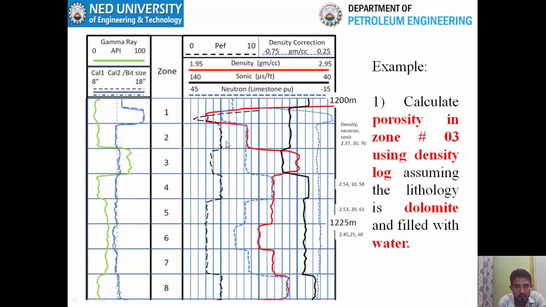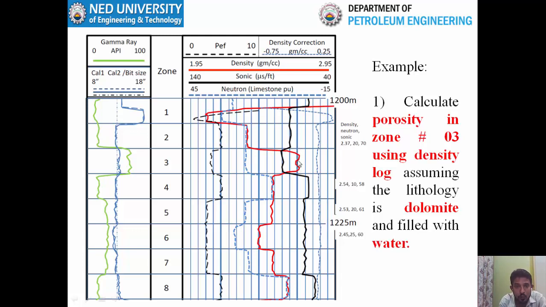So first you read the log density. Again, the scale is similar, 1.95 to 2.95, which means one small box is equal to 0.05 gram per cc, and when you read the value, it is at the third dark blue line, and the density value at this point is 2.70 gram per cc.